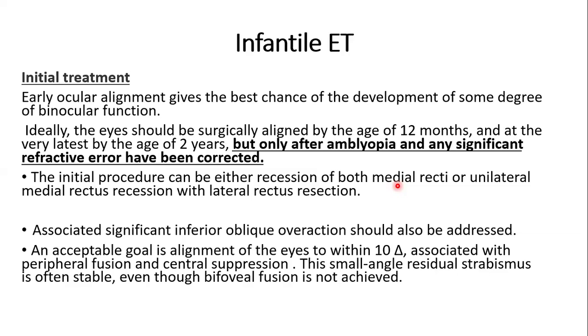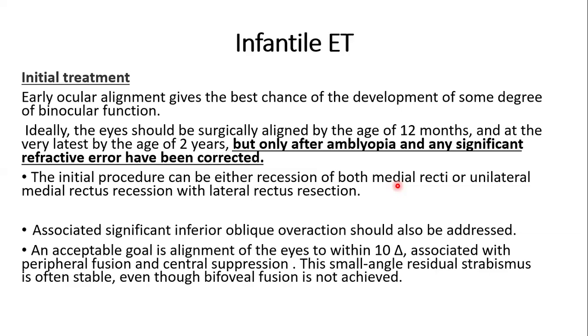The timing of surgery is controversial. There are 3 schools. One of them is very early, before 1 year. The second one, which is more acceptable, even for Kanski, they mention that you will do the surgery by the age of 12 months, at the age of 1 year and before the age of 2 years, so between 1 and 2 years.